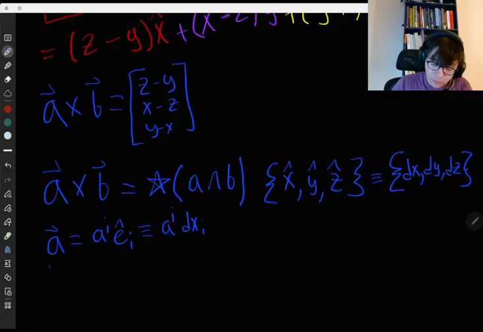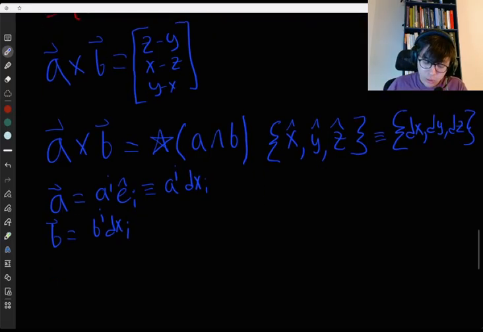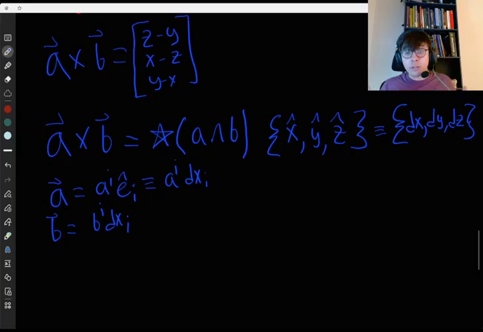So then, of course, B is then going to be B_i dx^i. And remember, those letters, it doesn't matter, as long as the ones that I'm summing over stay the same. It doesn't matter if I call them an apple, a smiley face, it doesn't matter as long as they stay the same. So let's use our new product.